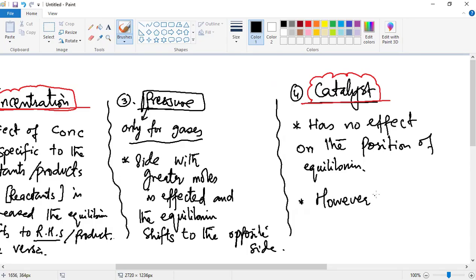However, it affects the rate. I mean, in the presence of a catalyst, the rate of reaction would be higher, greater.